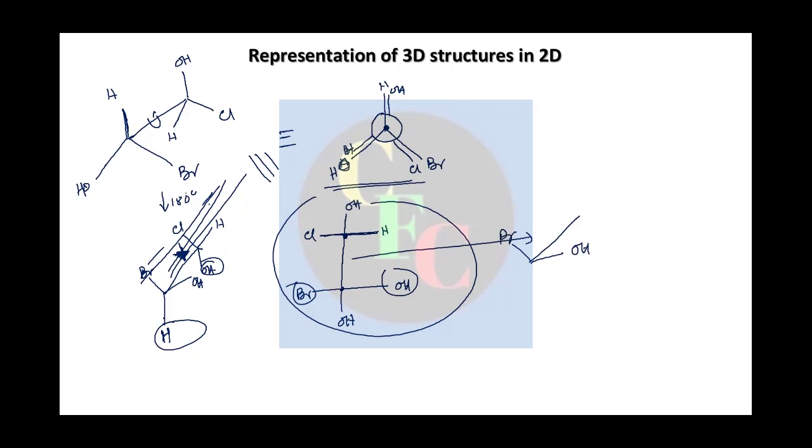This is away from you, so it will come here. This is again towards you, so Cl and H, and this is again away from you, so it will go down. Sorry, it is H, right? Okay, this is H and this is OH.